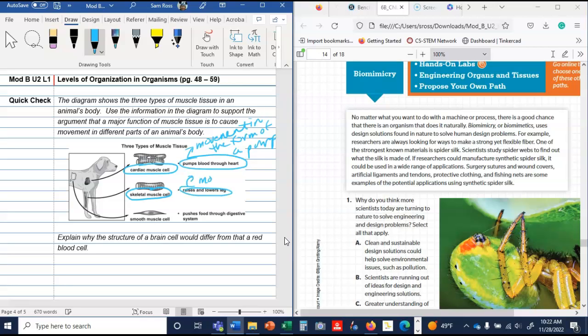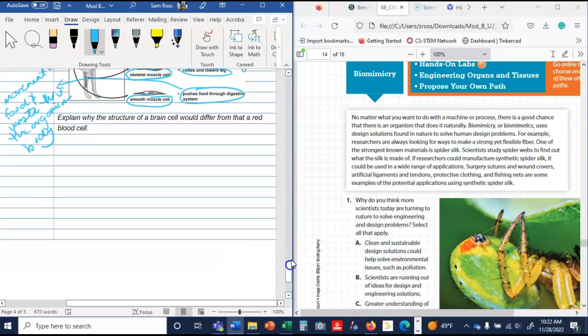So that's movement of the organism, the whole thing. And then smooth muscle cell pushes food through the digestive system. So that's the movement of food and waste through the organism's body. So all of this is related to the movement in different parts of the body.